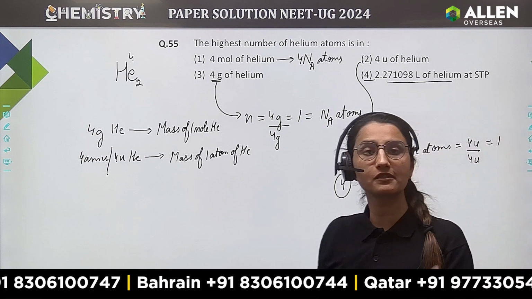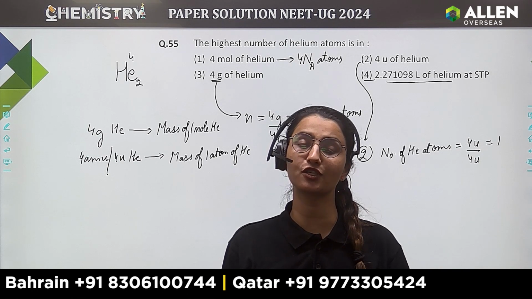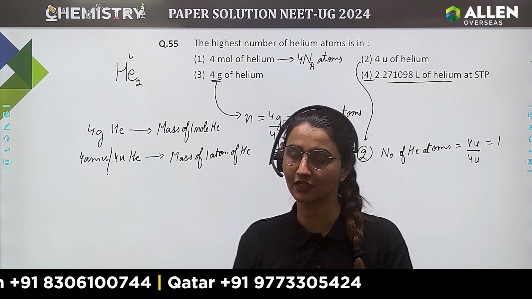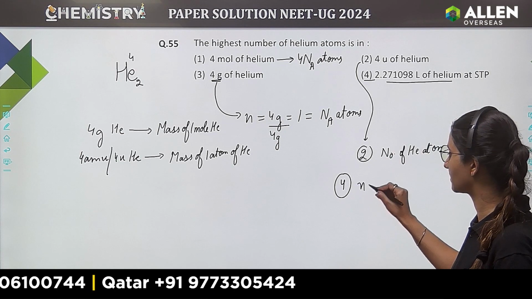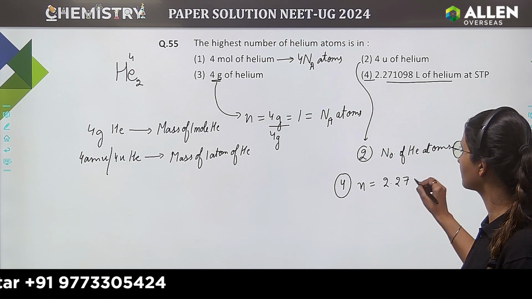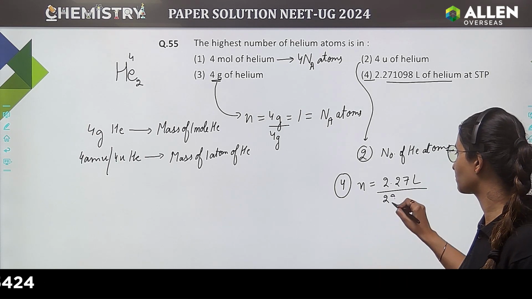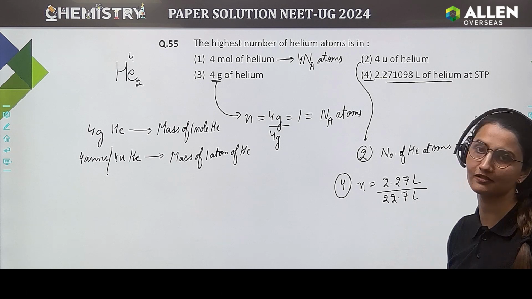We know, students, the volume of 1 mole of any gas at STP is 22.7 liters, right? So how do I find moles from it? Given volume at STP, which is 2.27 liters, divided by the volume of 1 mole, which is what, students? 22.7 liters.